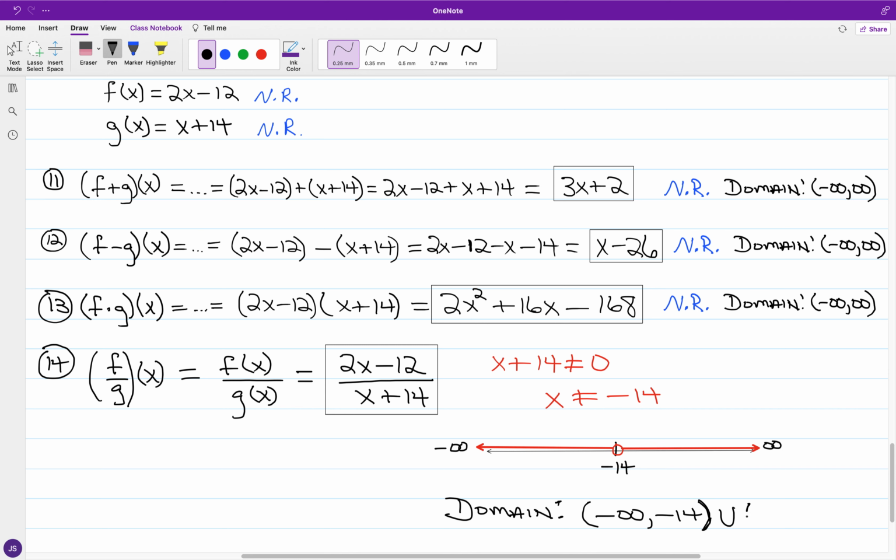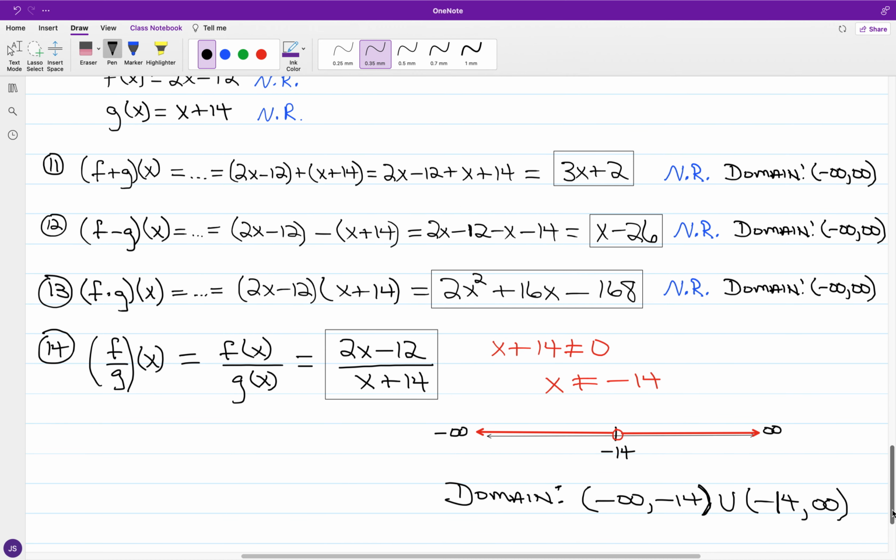And for the rest, the values of x greater than negative 14, we have parentheses around negative 14 and infinity. And that would be the resulting domain for problem number 14.